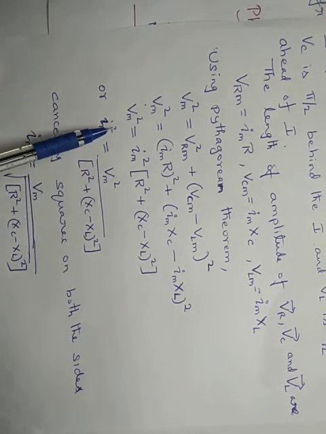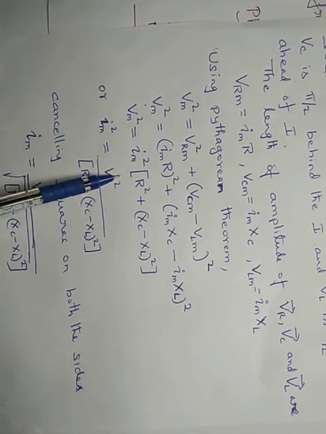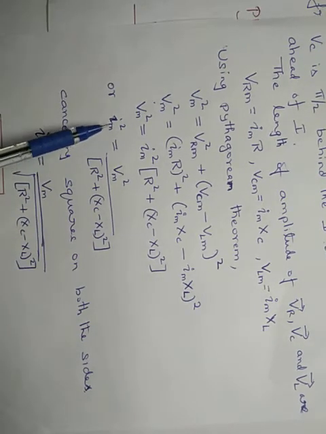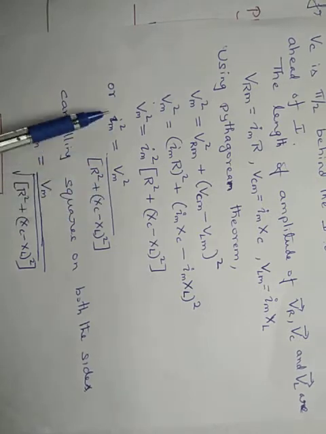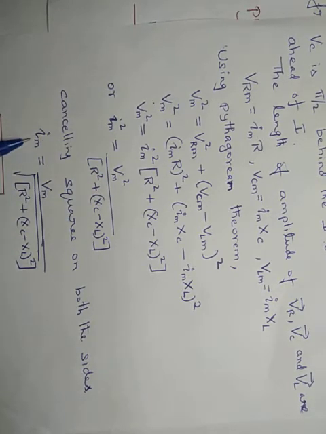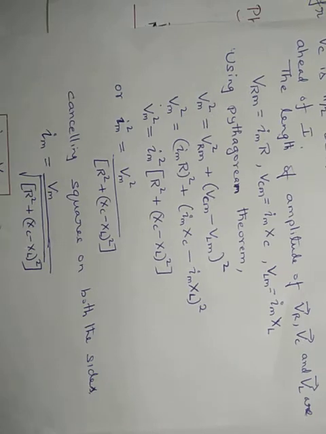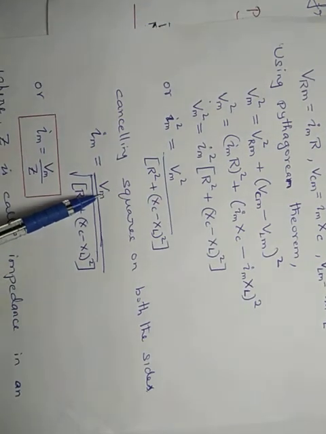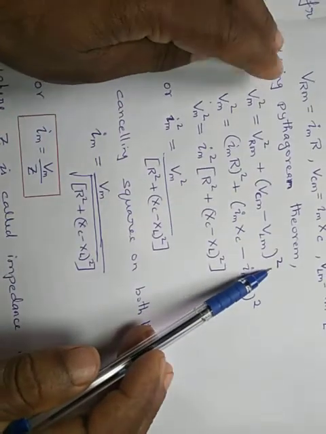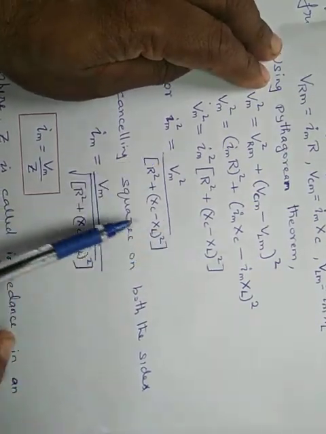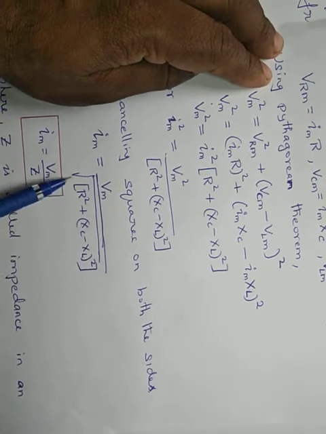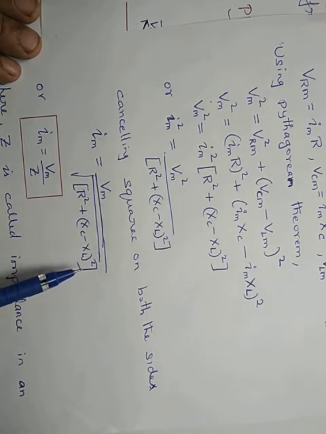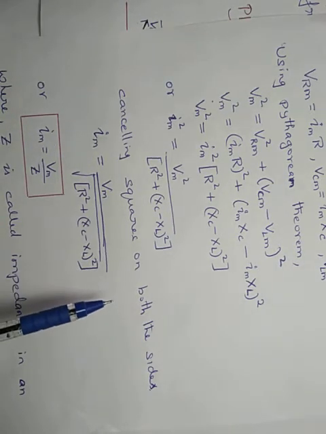Cancelling the square on both sides, we get Im equal to Vm, and since there is no square in the denominator, it becomes a root: under root R square plus Xc minus XL whole square.